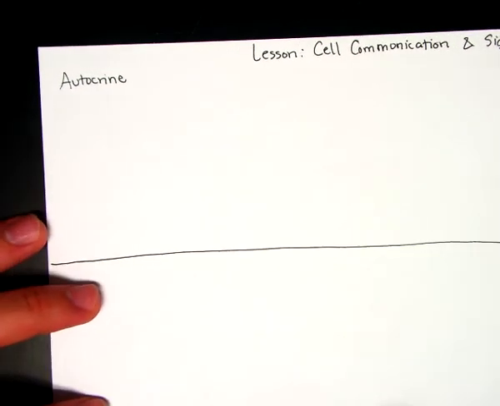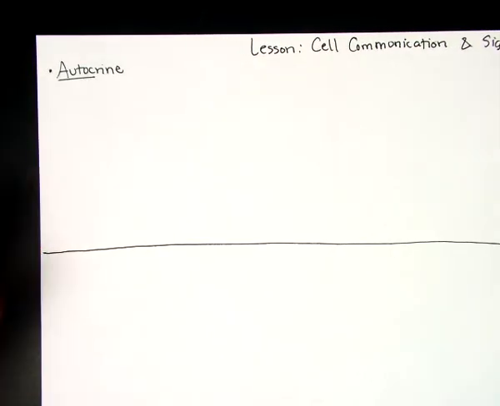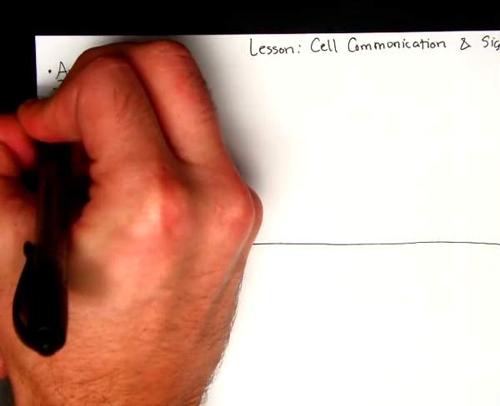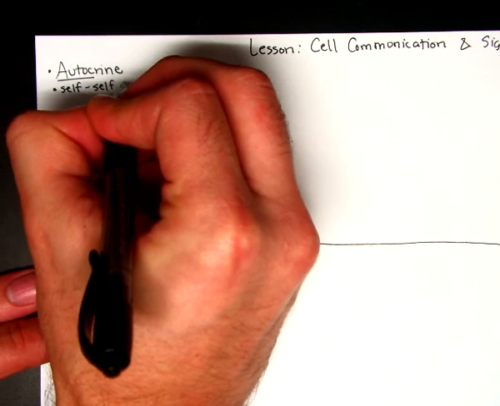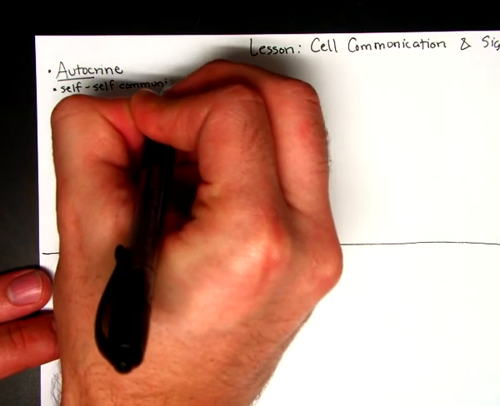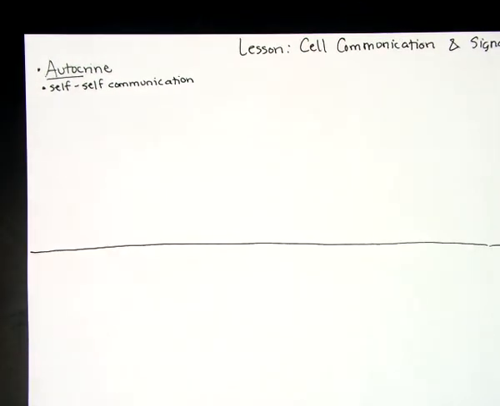And by autocrine, like the name implies, this is communication that happens from self to self communication. In other words, a cell is releasing signals that are received by itself.